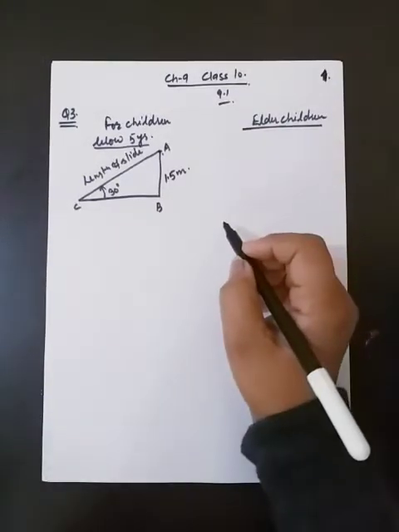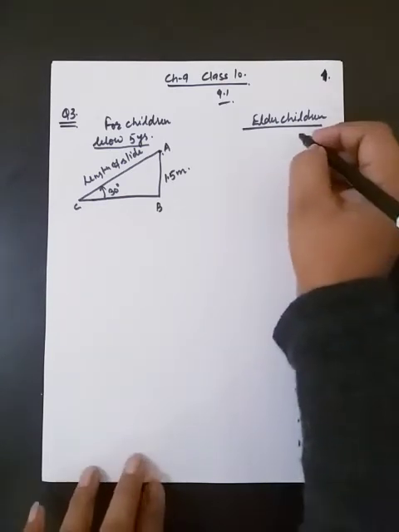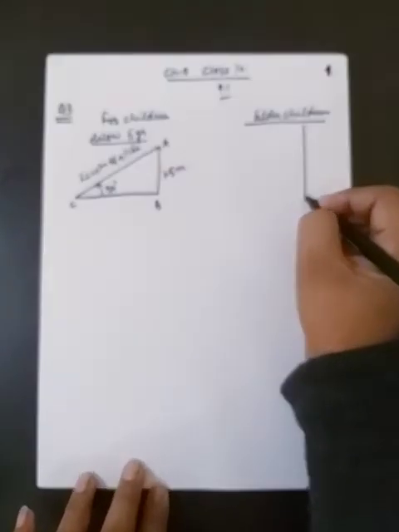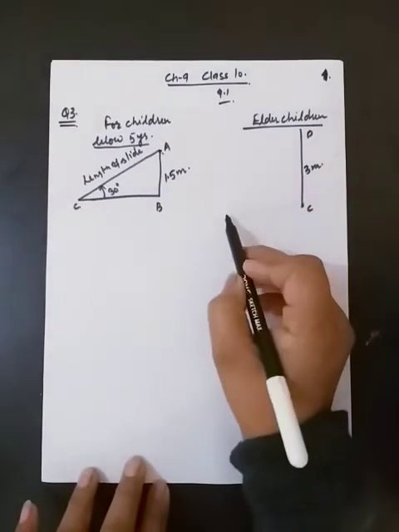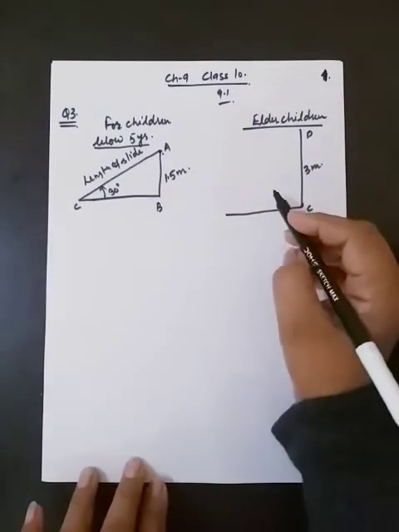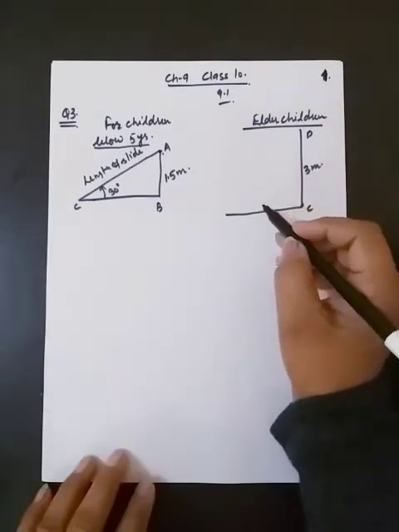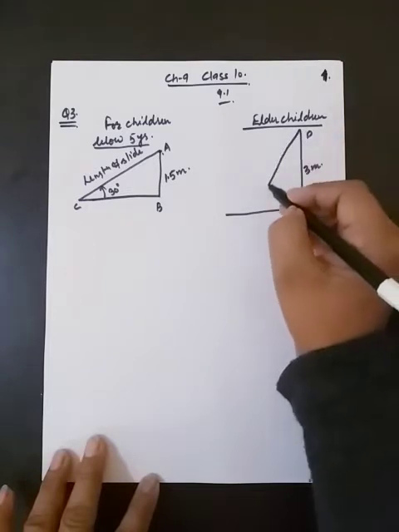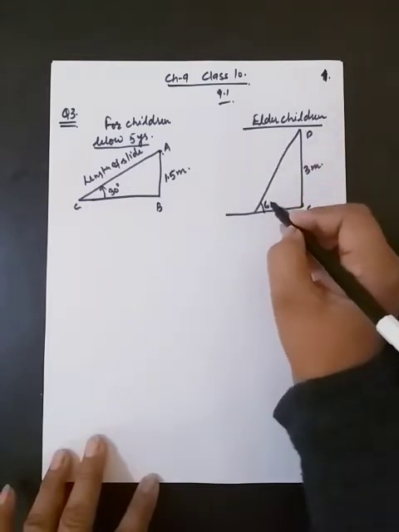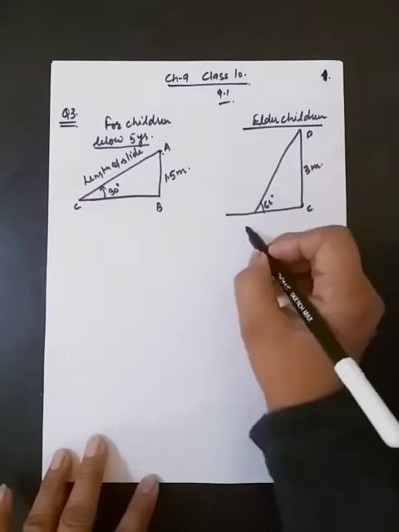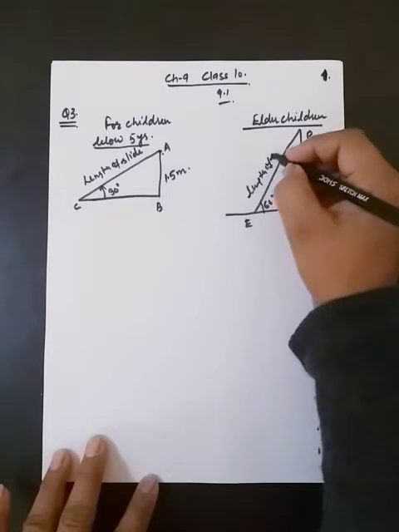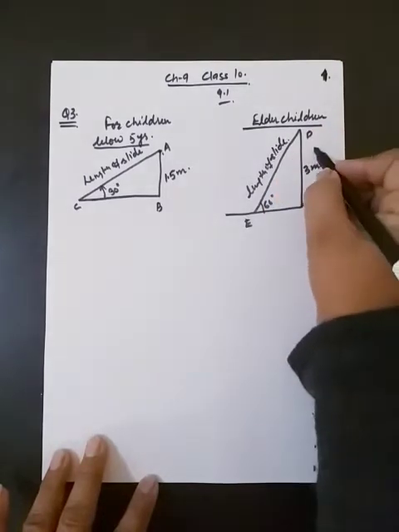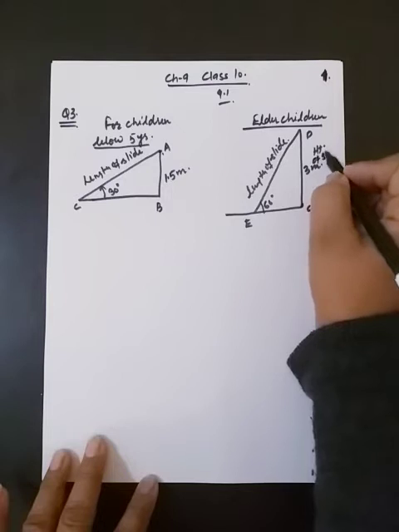For elder children, she wants to have a steep slide at a height of, now the height is 3 meter, and inclined at an angle of 60 degree, and this slider makes an angle of 60 degree with the ground. So this is the length of slide and this is height of slide.